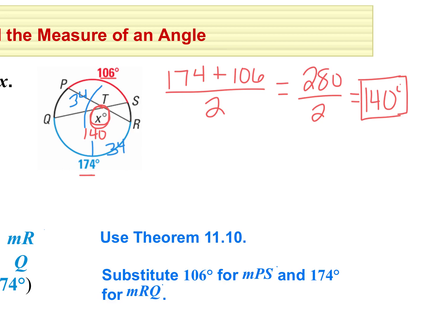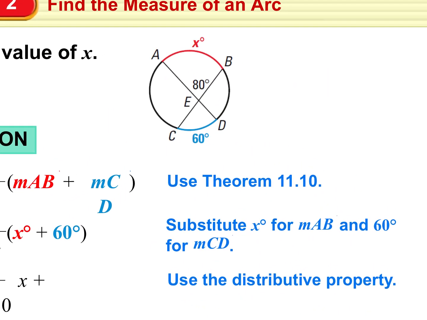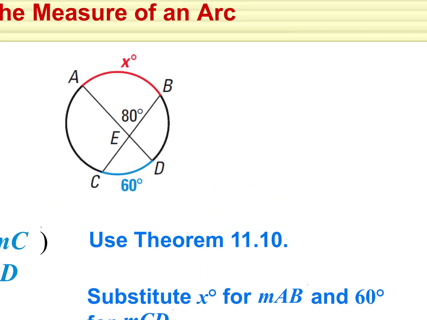Let's look at another example. Example 2. What is the part that we are looking for? X. Which is an arc or angle? Arc. So how can I solve this problem?